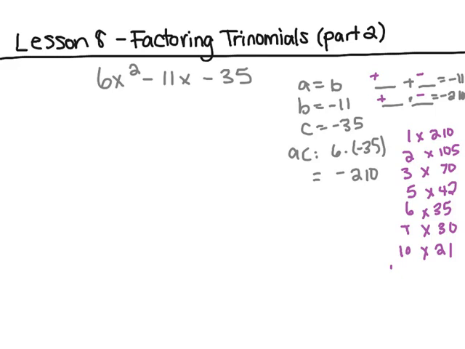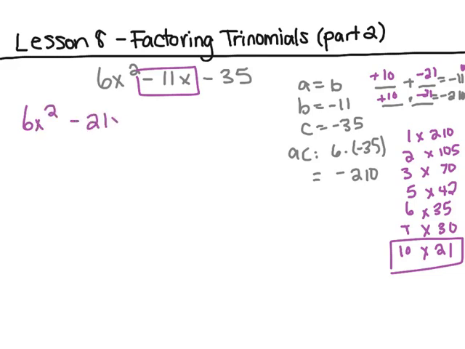When you subtract them, you'll get 11, so 21 and 10. And because this is a negative number, our bigger number has to be negative, so negative 21 and positive 10 will work. So now we're going to break up our middle term. So we have 6x squared minus 21x plus 10x minus 35.